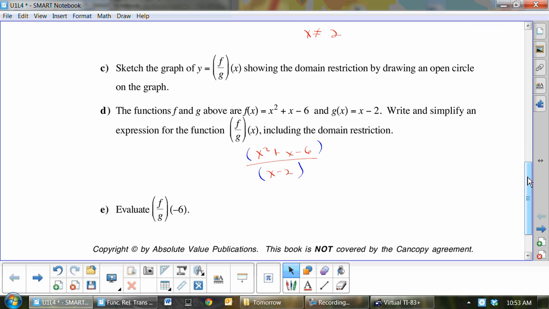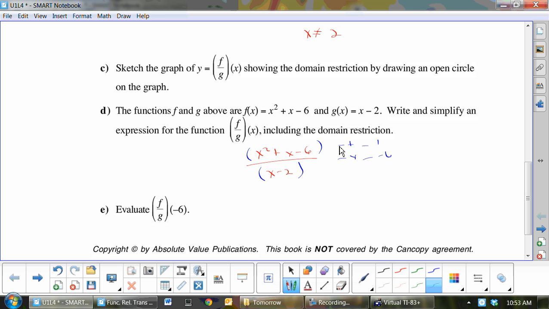So with that in mind, why does it give a straight line? Doesn't it usually give these loopy things with asymptotes and all that? Remember that last year? Well, this is why. If I factor the top, I'm looking for two numbers that add to give me 1 and multiply to give me -6, and that is 3 and -2.